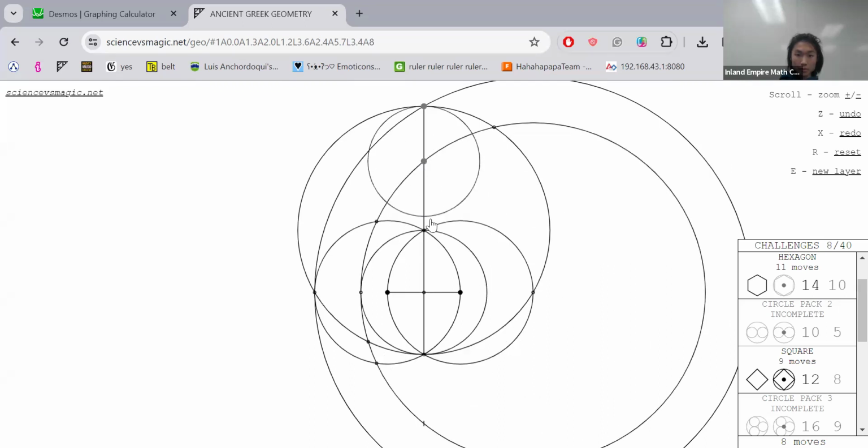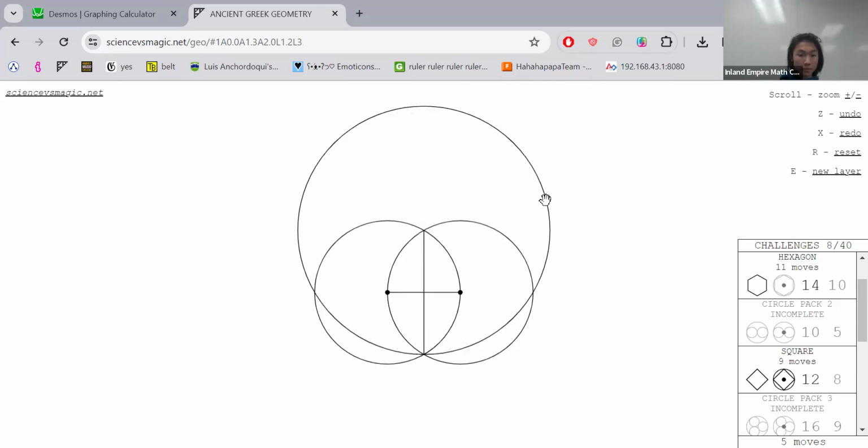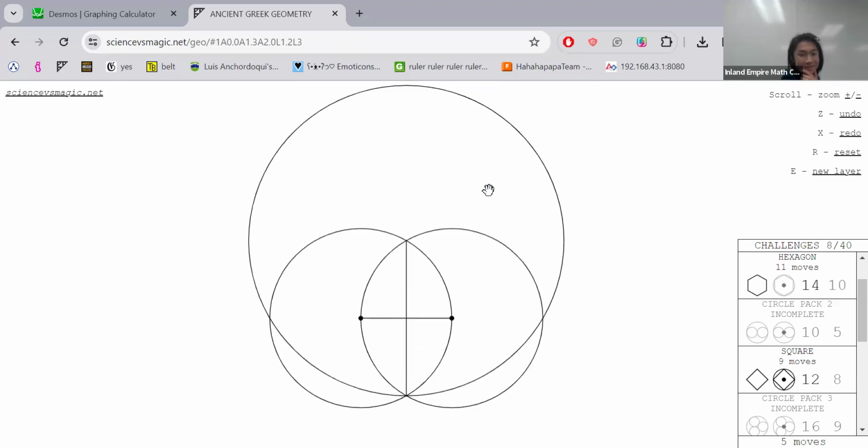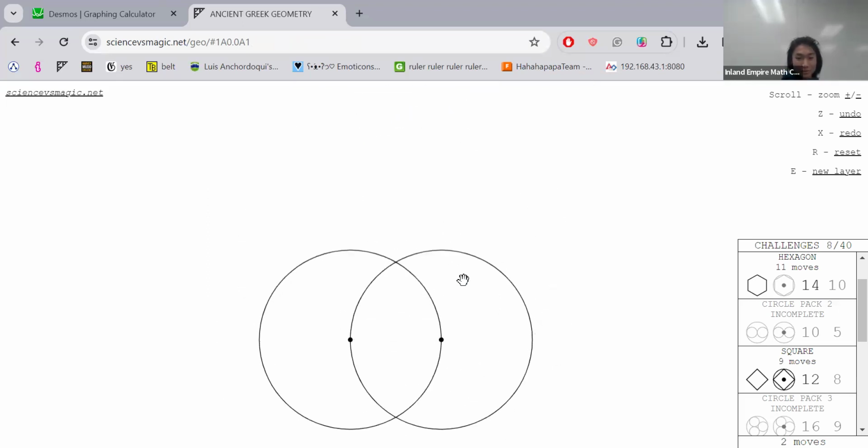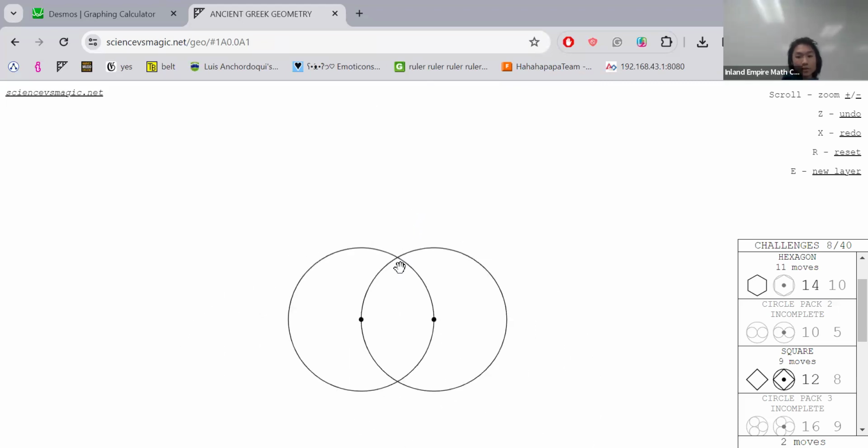I think that was, no, it's not the point. Oh, let me see if I can remember this. I get a larger circle and then surround all the insets.